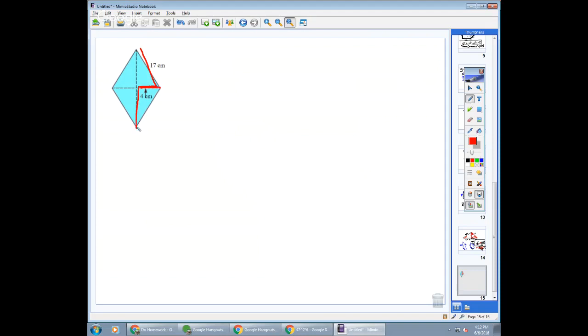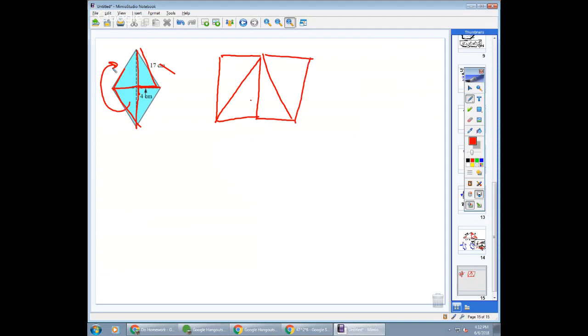I can break this into 4 congruent triangles, and then I can reassemble them. So what I'm doing is taking these bottom 2 and rotating them up into the upper part here.